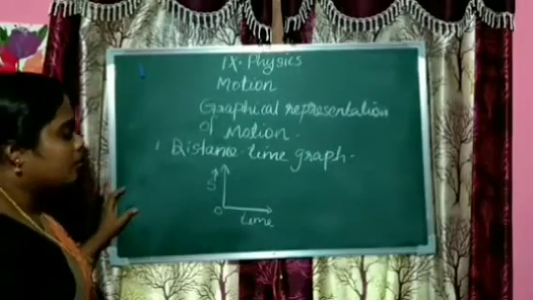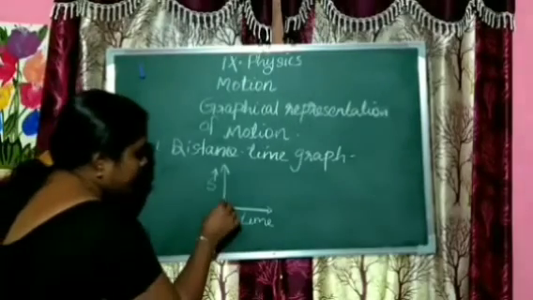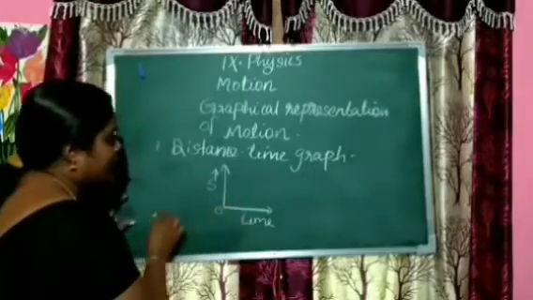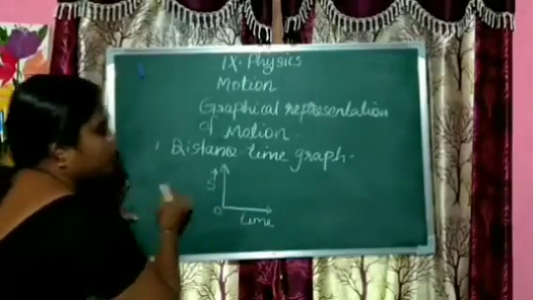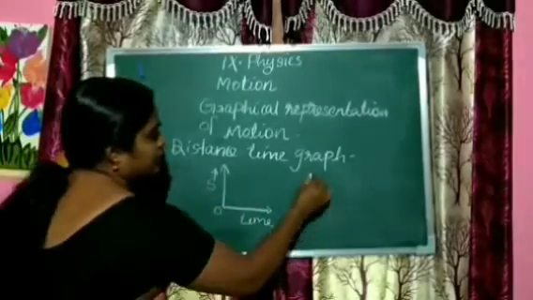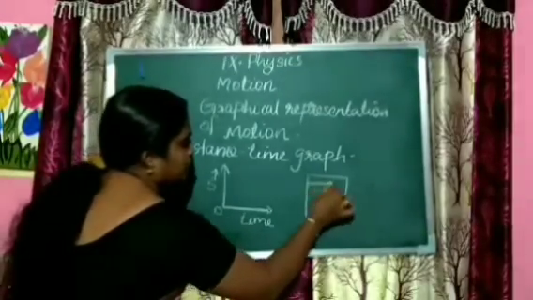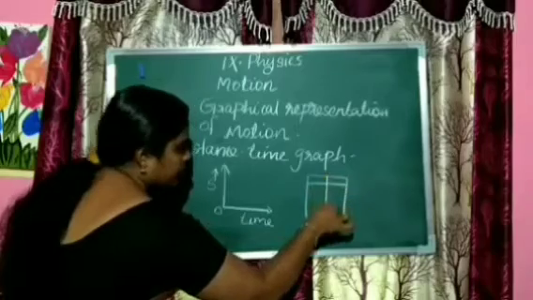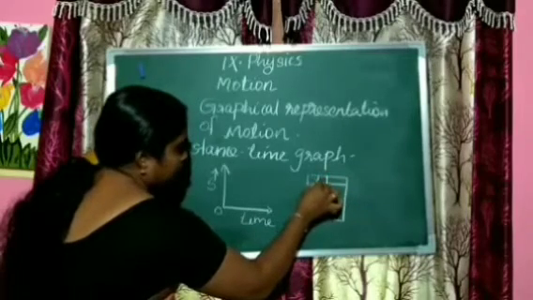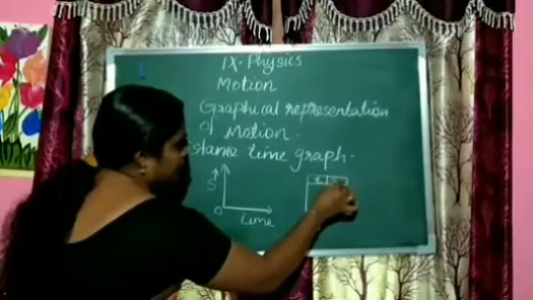So we can make a small data table regarding a type of motion. Here it is time and this is the displacement.